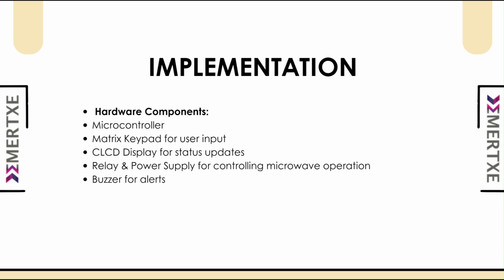A relay and power supply control the microwave operations: the relay switches the mode on and off, the power supply provides power for the operation, and a buzzer alerts when the time is over or when wrong values are entered.